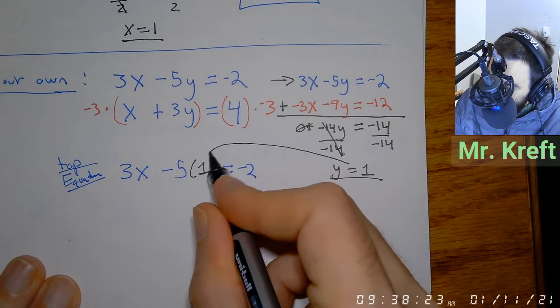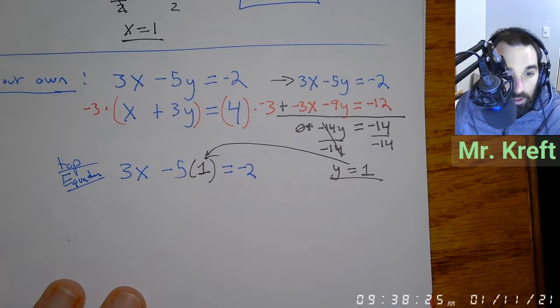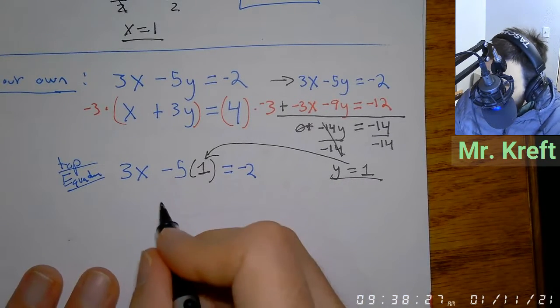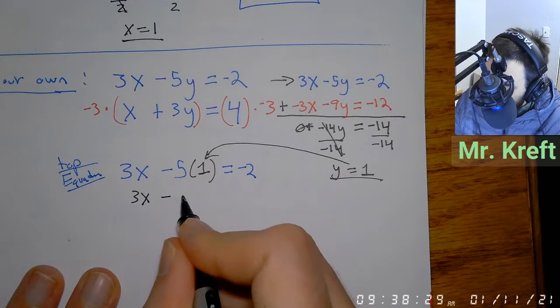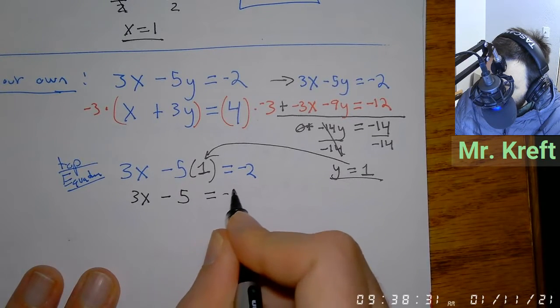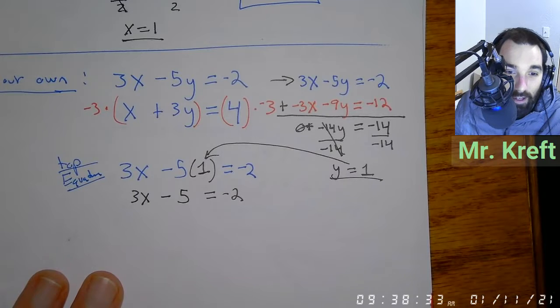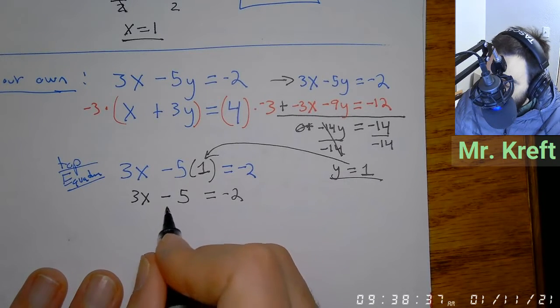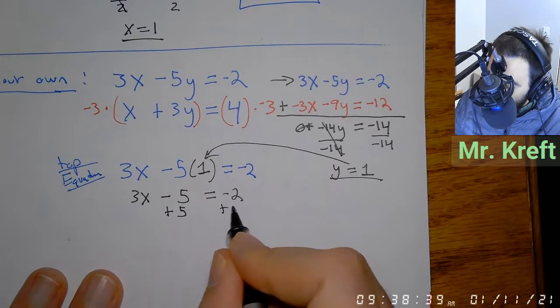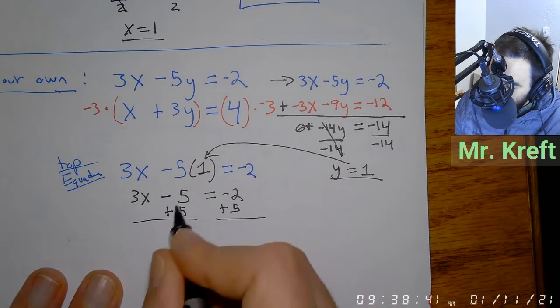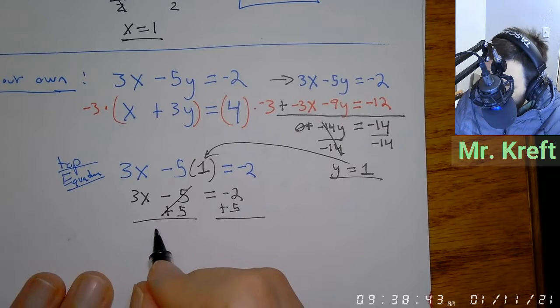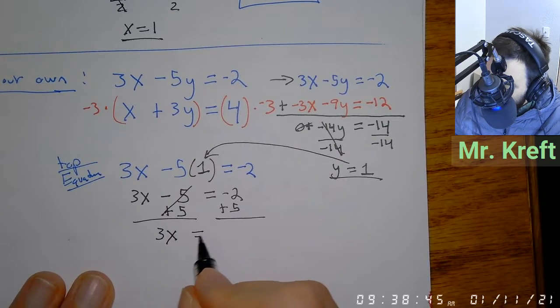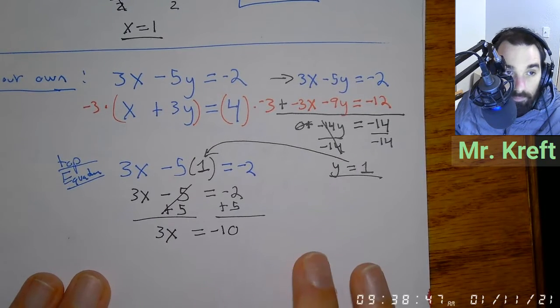So I'm going to have 3x minus 5 equals -2 because anything times 1 is just itself. I want to get rid of the -5, so I'm going to do the opposite. I'm going to add 5 to both sides. Okay, so I get 3x equals -10.